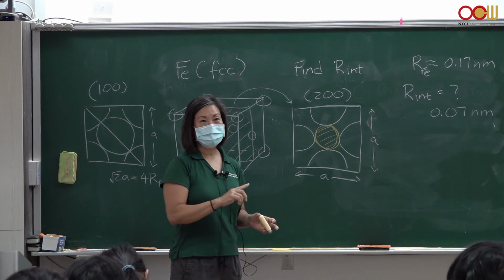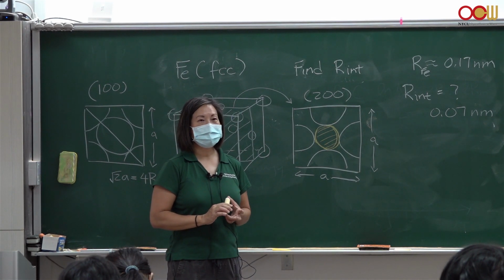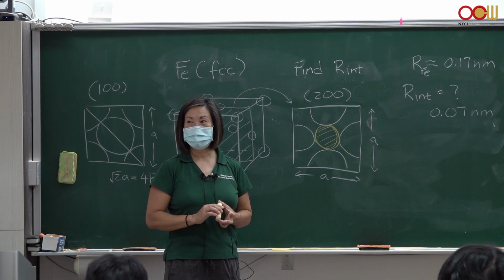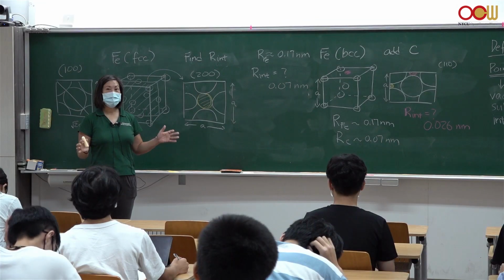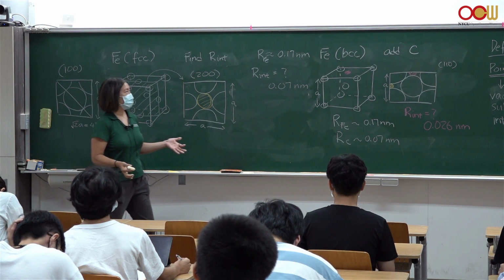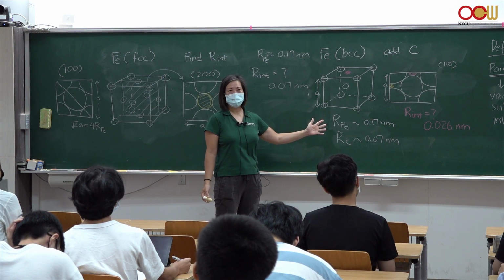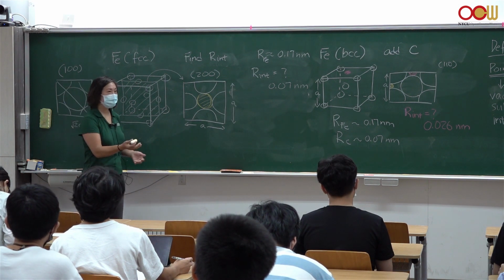Okay. But I have a question for you. We know that FCC is a closed packed structure. It has the highest atomic packing factor of all the different crystal structures. So why would it have a larger interstitial site than a BCC, which has a lower atomic packing factor? Okay, very good.